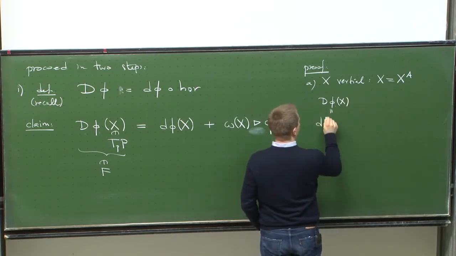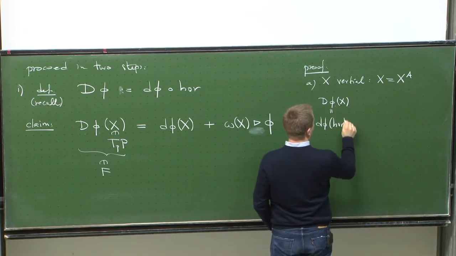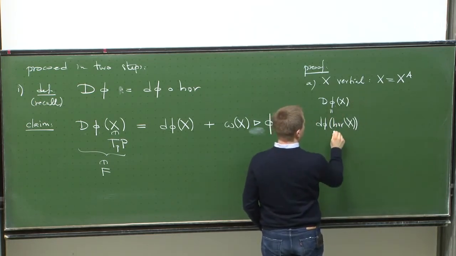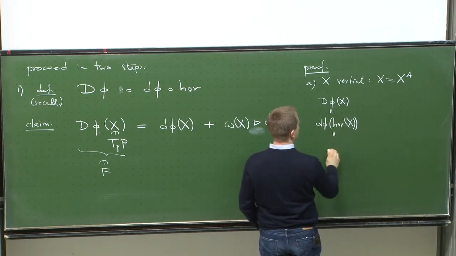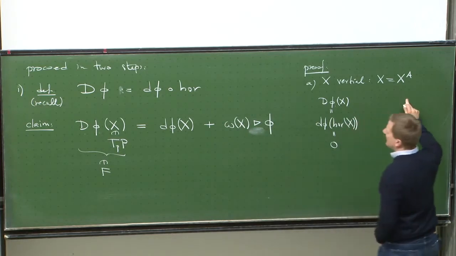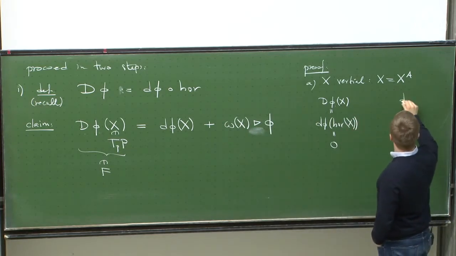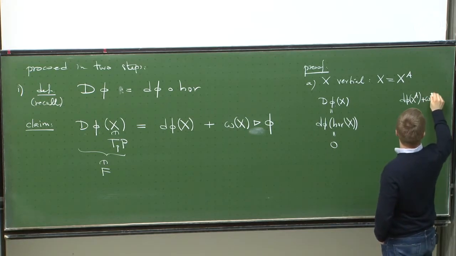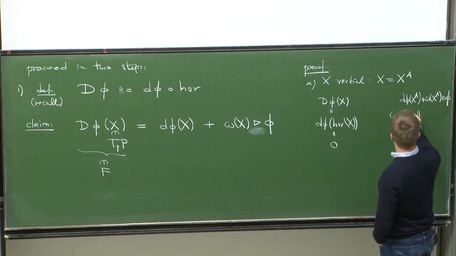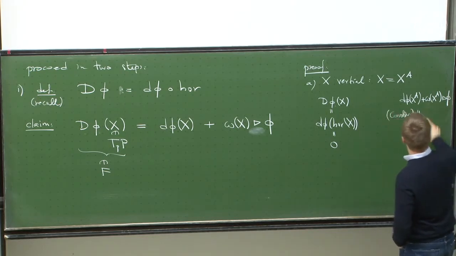This is d phi of hor of x. But x is vertical, so hor is 0. This is d phi of 0. D phi is linear, so this is 0. That's the left-hand side. Now the right-hand side is d phi of X_A plus omega of X_A acting on phi. But we just proved before, that was our corollary, that this vanishes.